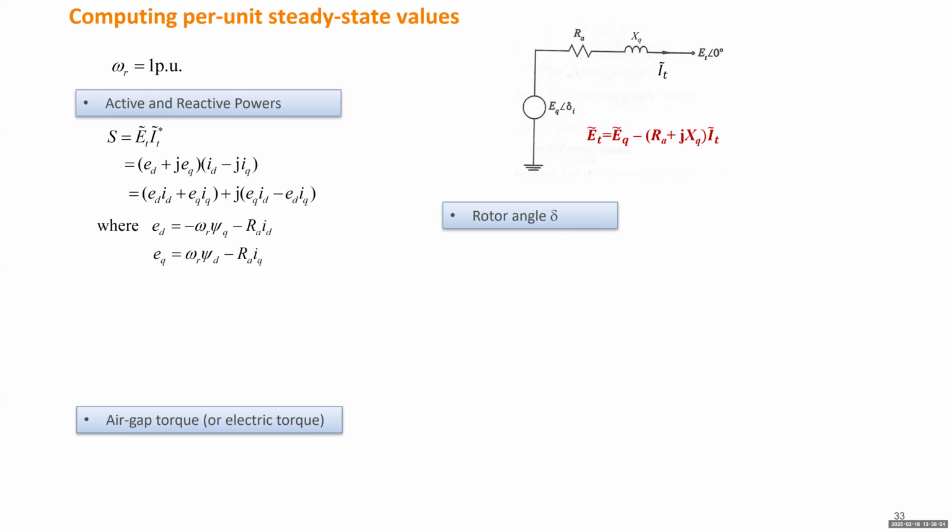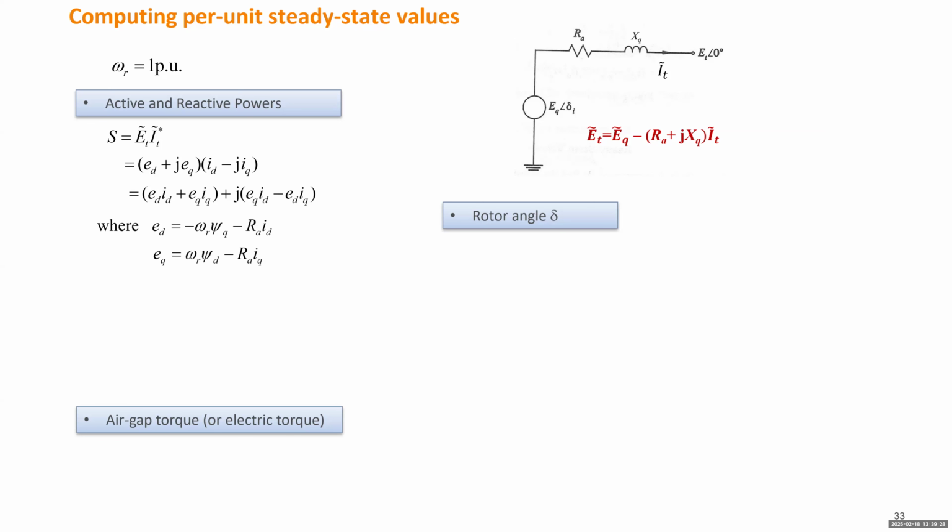So ET will have a real part and an imaginary part coming from the D axis and Q axis. Current will also come from D and Q, but this negative sign is because we take the conjugated value of the current. You do the calculation to get this step, and the real part will become active power, and the imaginary part will become reactive power.